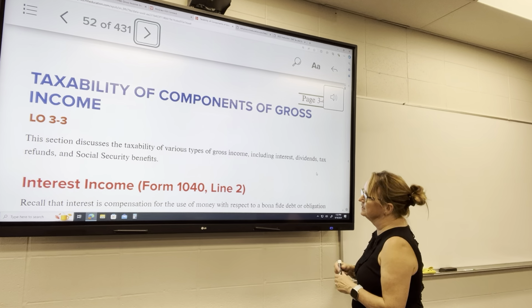We also have tax exempt interest. This is one of those categories specifically exempt from tax. One big category of tax exempt interest is from what we call municipal bonds. So muni bonds, municipal bonds.